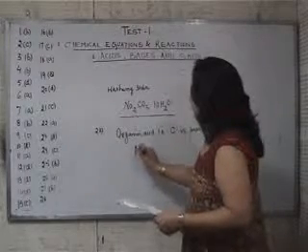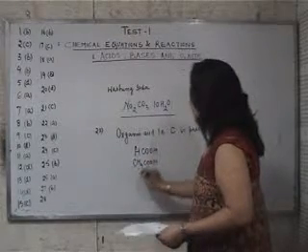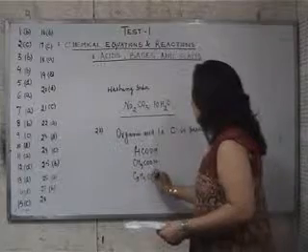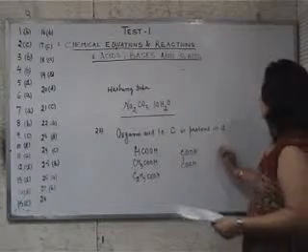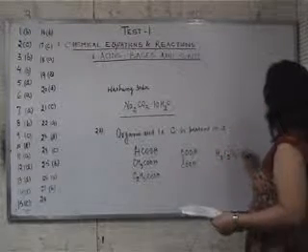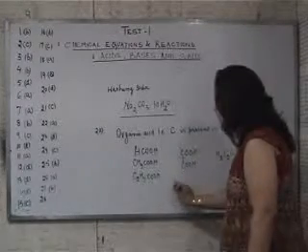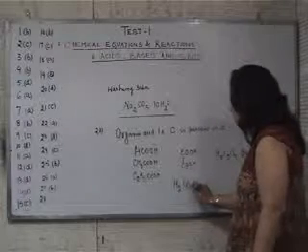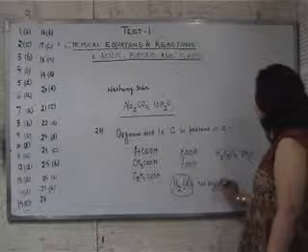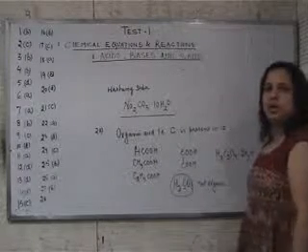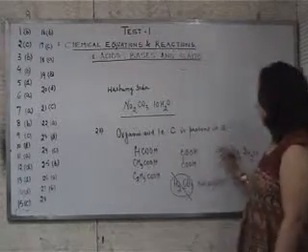Now we have HCOOH, CH3COOH, C2H5COOH, COOH single bond COOH, and H2C2O4 dot 2H2O. All these are organic acids. One acid is carbonic acid, H2CO3. It has carbon in it but is not organic. This is an exception. The rest are organic.